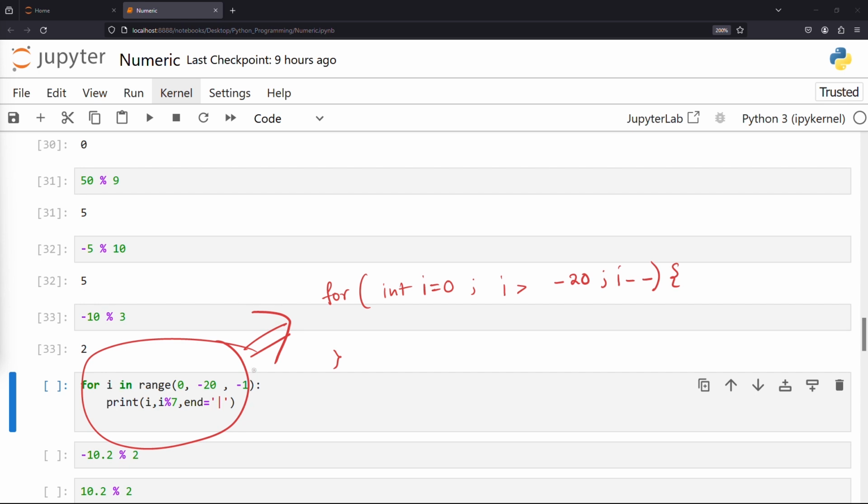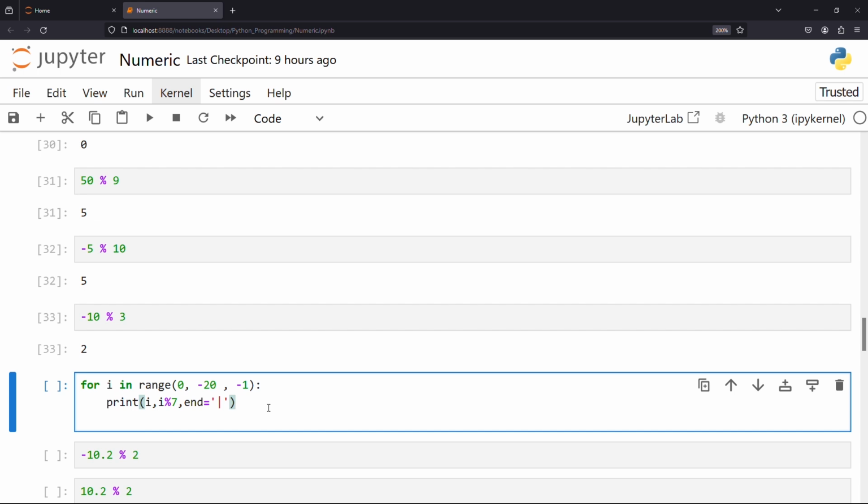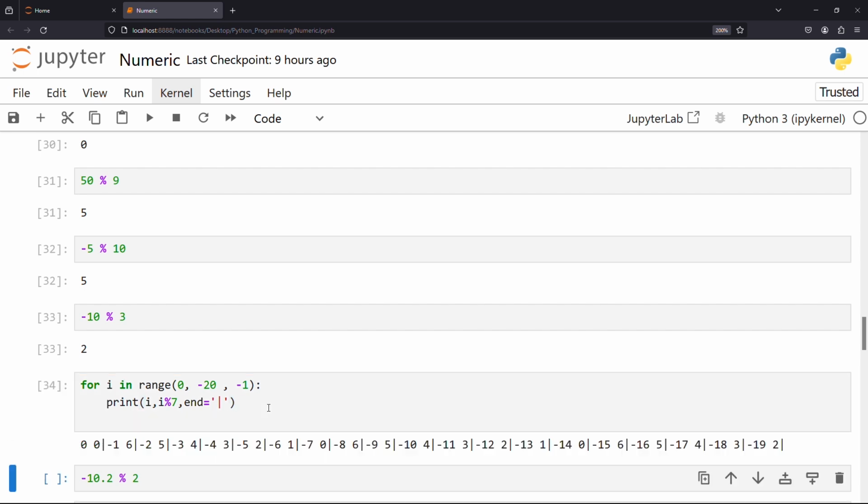So let's execute this and see. On executing this, initially we'll have the value 0. For that, the modulo value is 0, which we can clearly observe here. The second number will be minus 1. For minus 1, we might think the mod should be 1, but it is not the case. It should be 6.